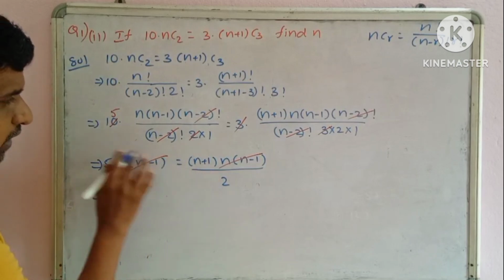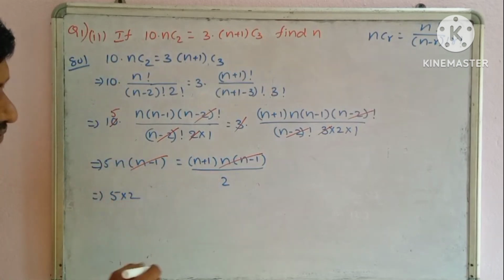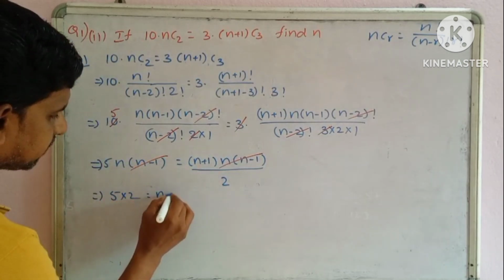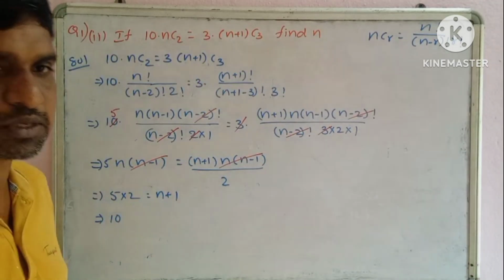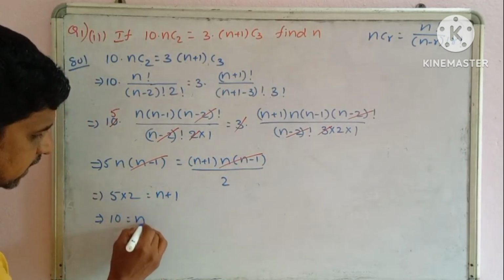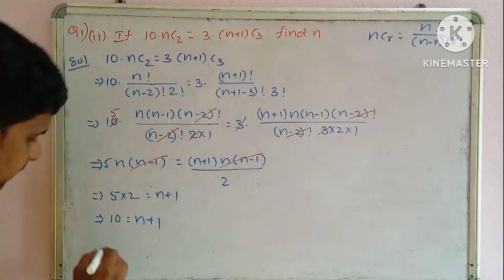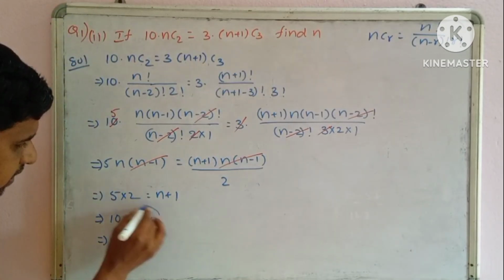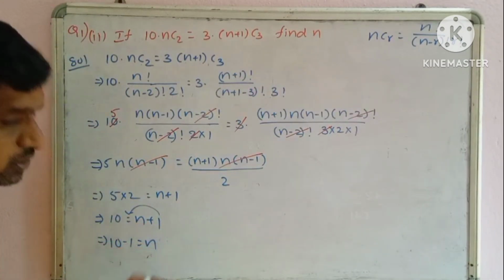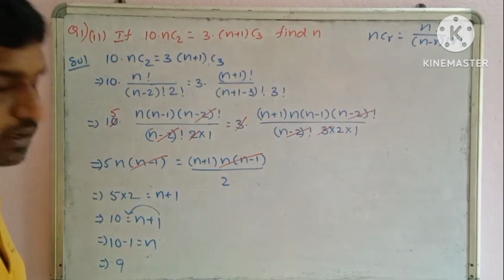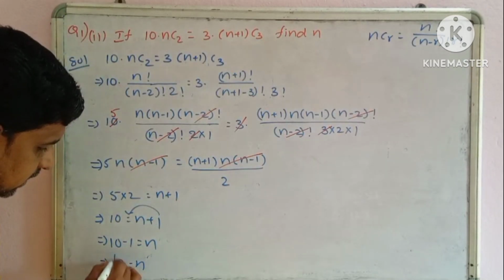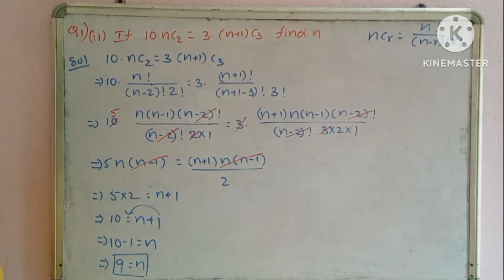So 5 times 2, transpose to the left side and multiply with 2, equals n plus 1. 5 times 2 is 10 equals n plus 1. 1 transpose to the left side, 10 minus 1 is 9 equals n. Therefore, the value of n is 9.